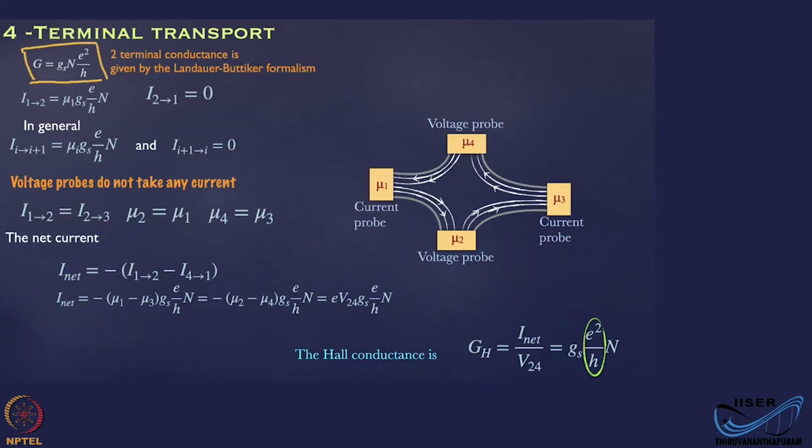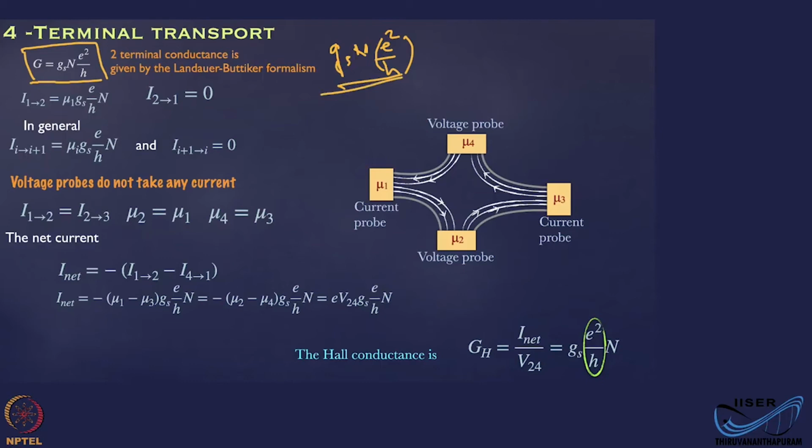It is actually true, but we have not proved it; we will prove it in one of the classes. The two-terminal conductance is given by the Landauer-Büttiker formalism, which is G = GS times N times e squared by h, where GS is the degeneracy in the system and N is the number of channels.